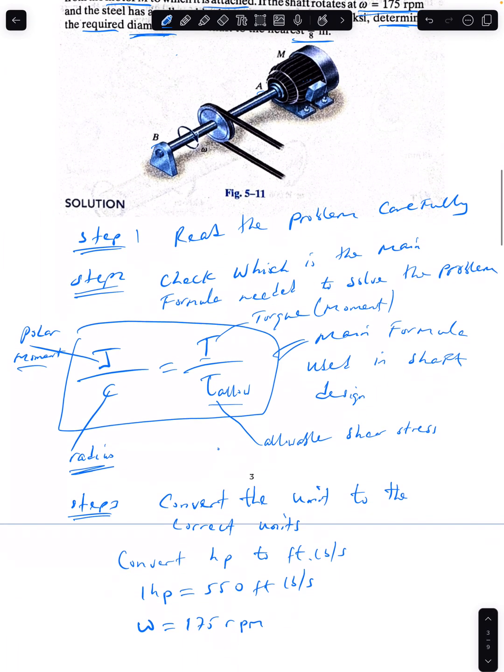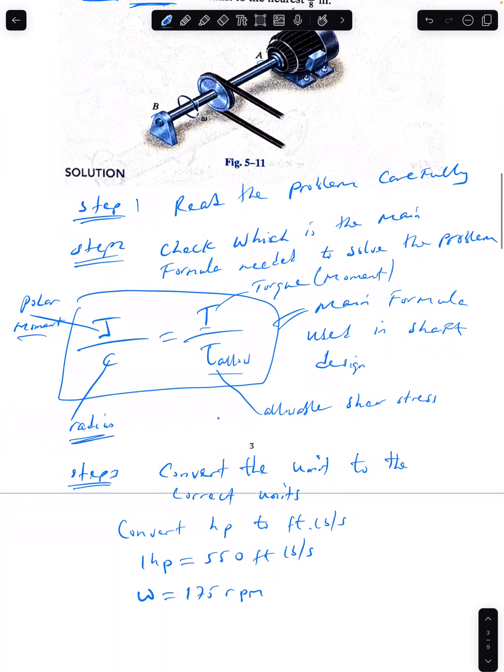I know for sure that I need to convert this to rad per second, because I can still convert that to my unit in inches, which is quite easy.